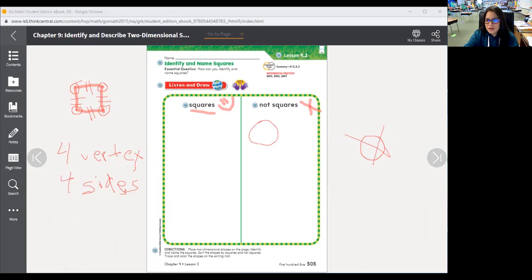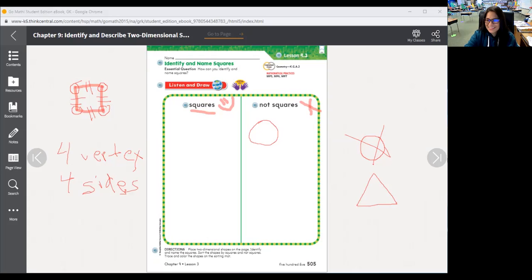Okay. All right. So I'm going to ask somebody else. Emilio. I'm going to draw this shape right here, Emilio. Is this a square? No. Why not? It has sides. Yeah, but it only has 3 sides.